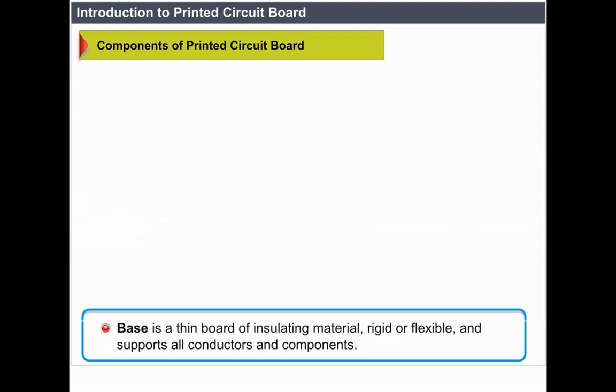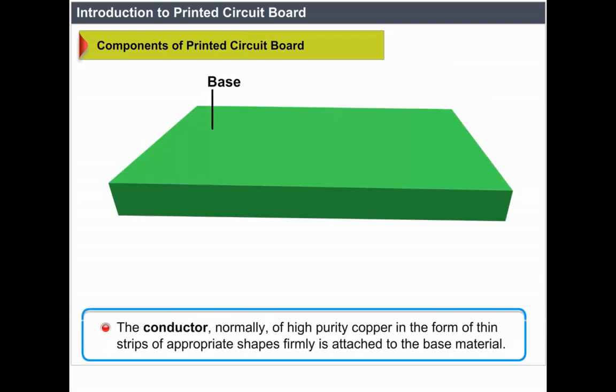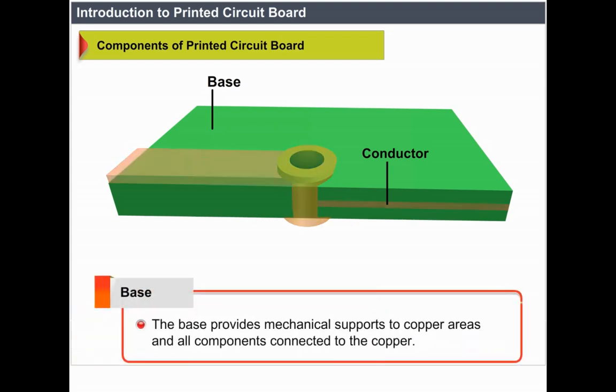The components of a printed circuit board are the base, which is a thin board of insulating material, rigid or flexible, which supports all conductors and components. The conductors, normally of high purity copper in the form of thin strips of appropriate shapes, are firmly attached to the base material. The base provides mechanical support to the copper areas and all components connected to the copper.